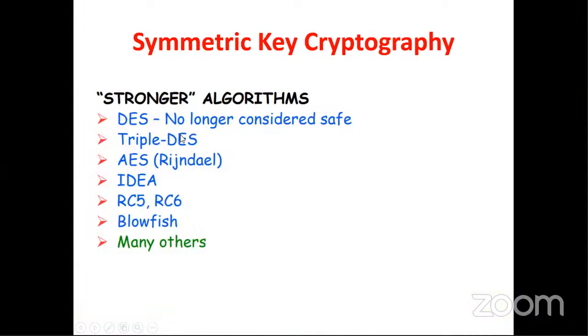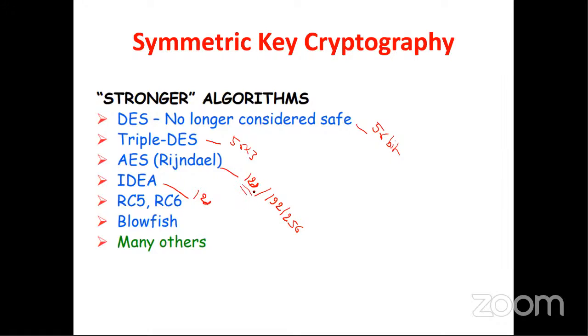There are stronger algorithms, namely DES, which is no longer used because the key size is small, only a 56-bit key. Nowadays there is triple DES, whose key size is 56 into 3. AES comes in 128, 192, and 256-bit variants. Currently there are ciphers with a key bit length of 128.